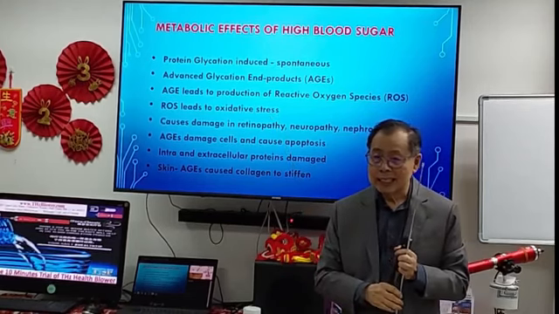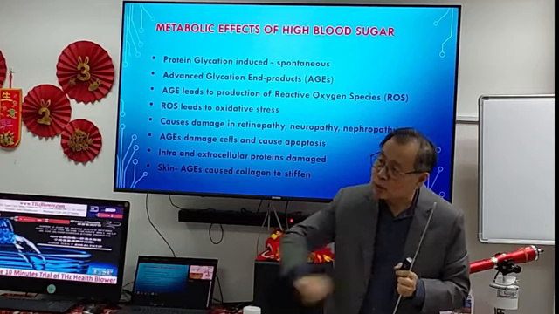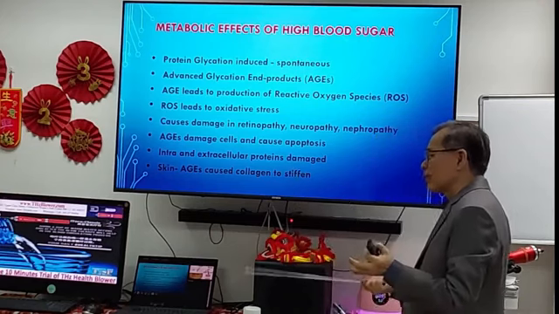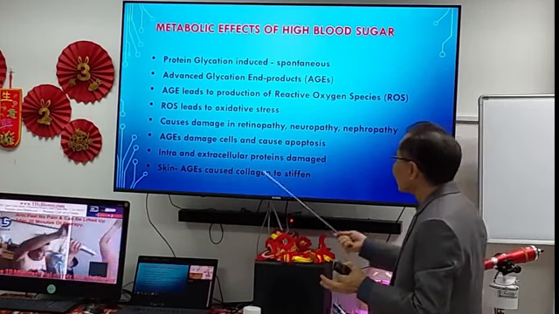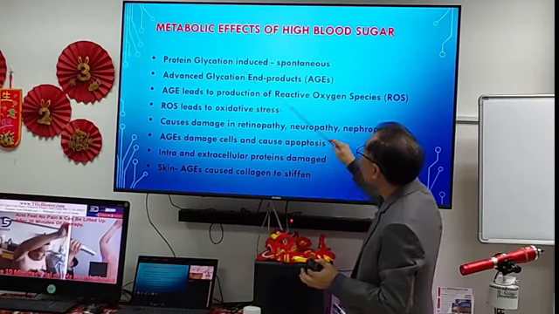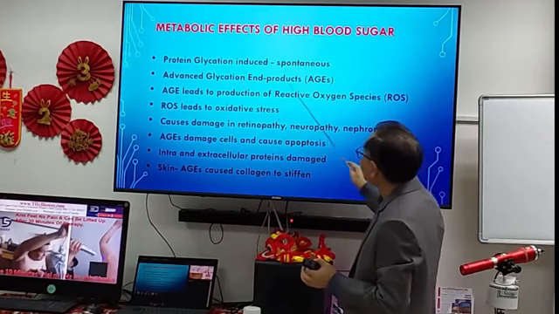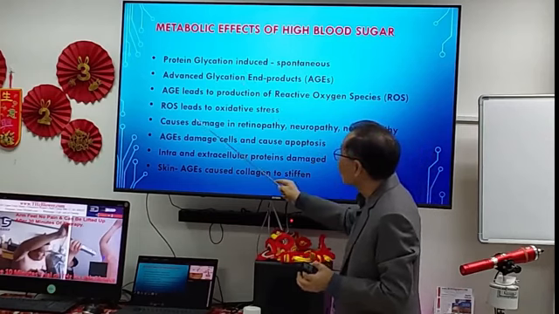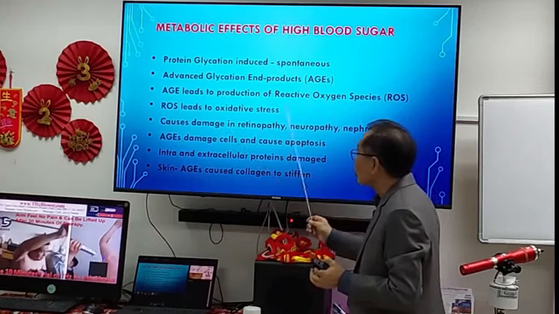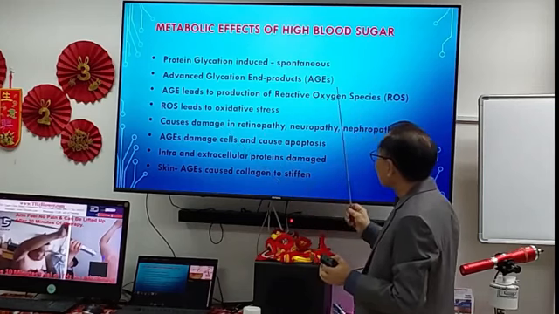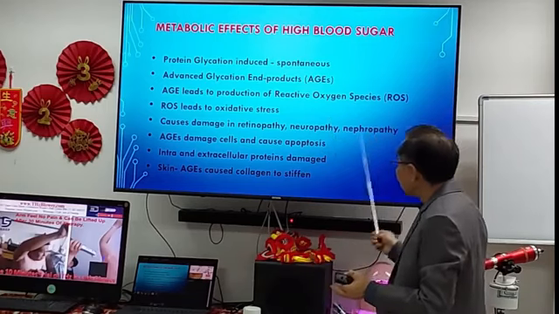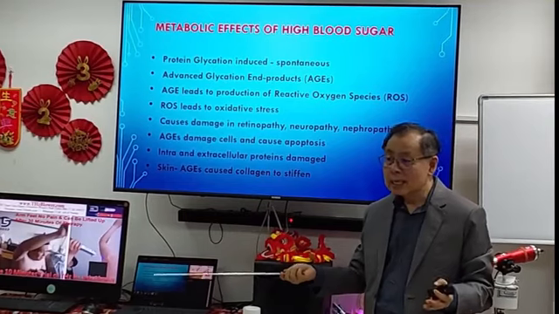So you need antioxidants to neutralize it. Why must we neutralize it? Because ROS, the result of high blood sugar and AGE, causes damage to your retinas, which is retinopathy in your eyes. It causes neuropathy, which is your nerves. It causes nephropathy, which is your kidneys, and also damages your heart.